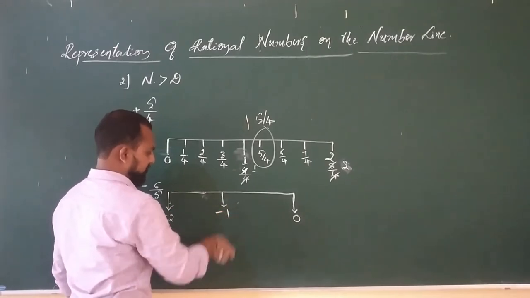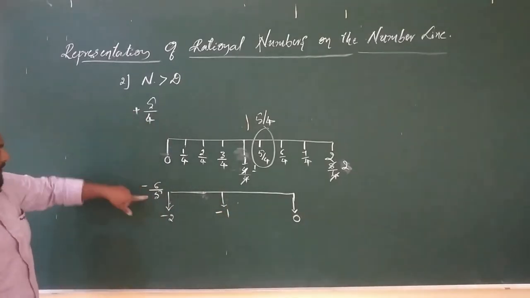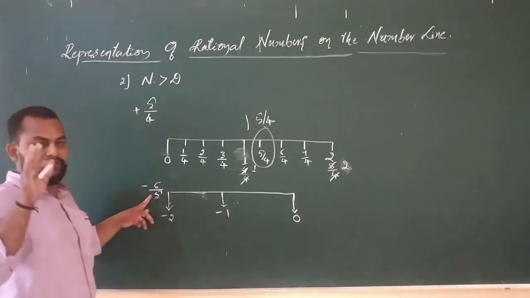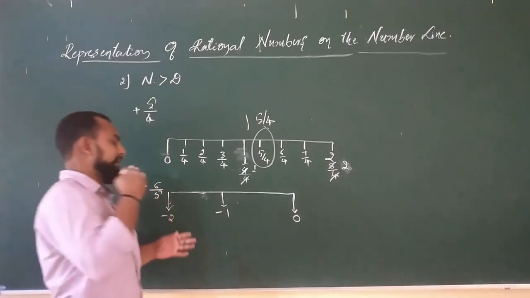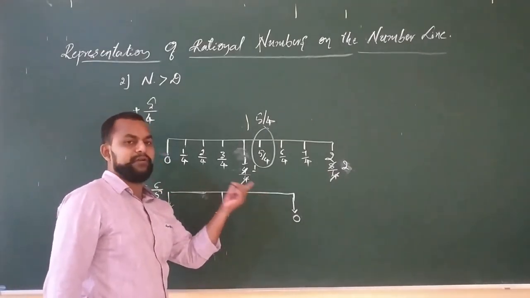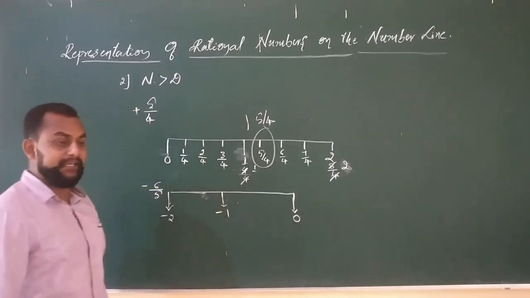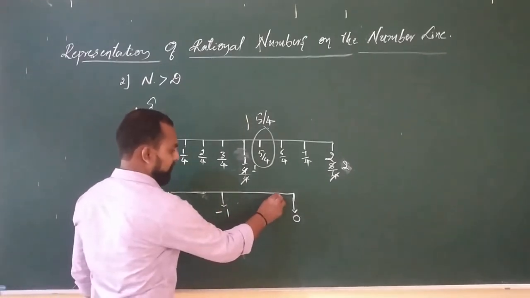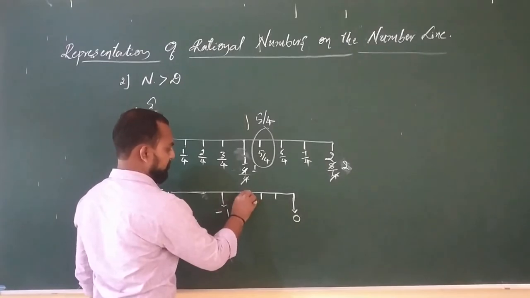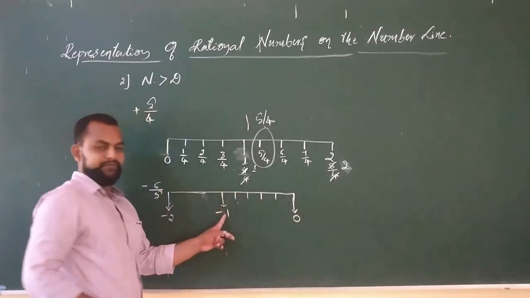Here the denominator is 5, which divides the length of a unit into 5 equal parts: 1, 2, 3, 4, 5.